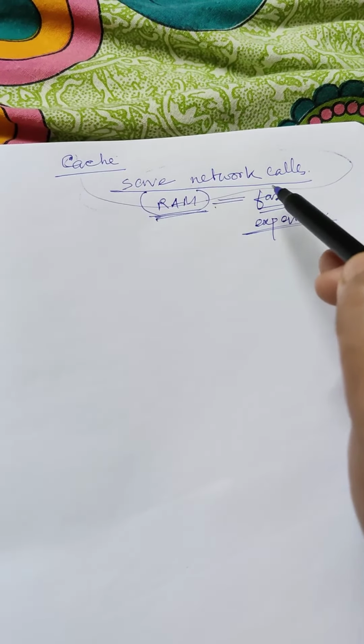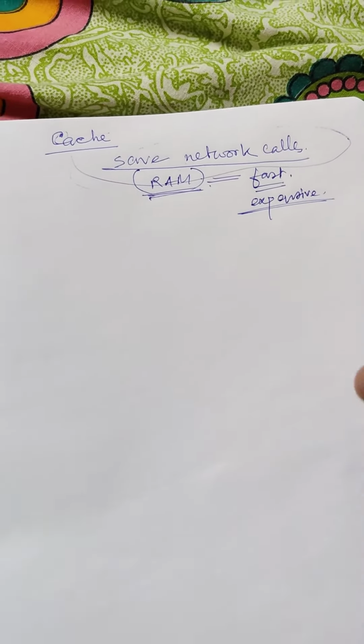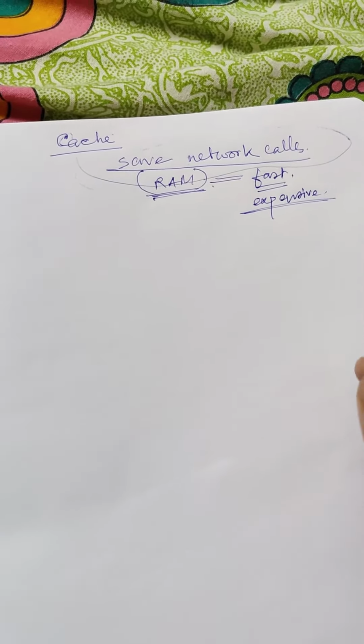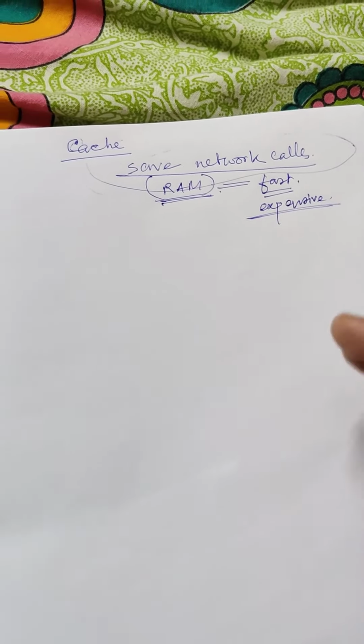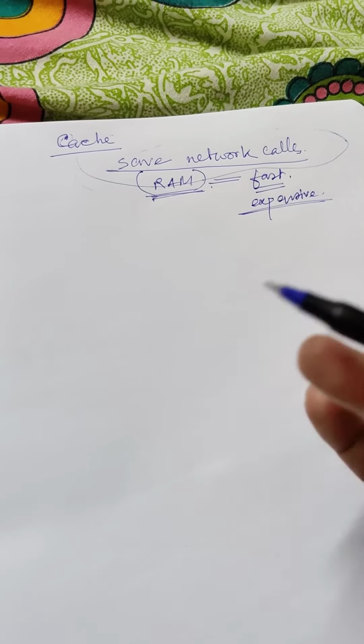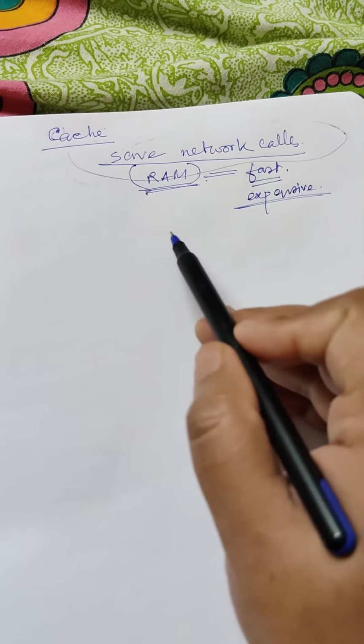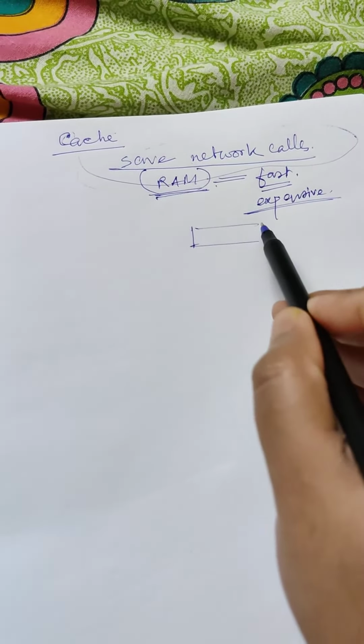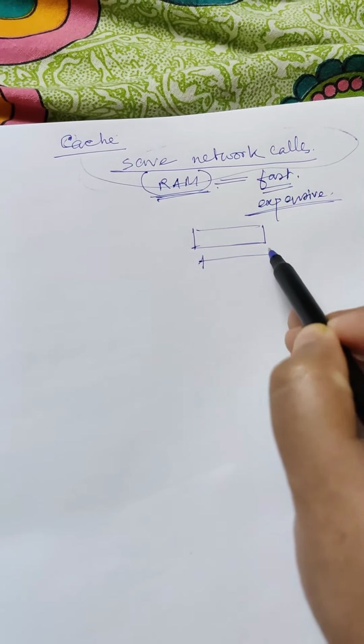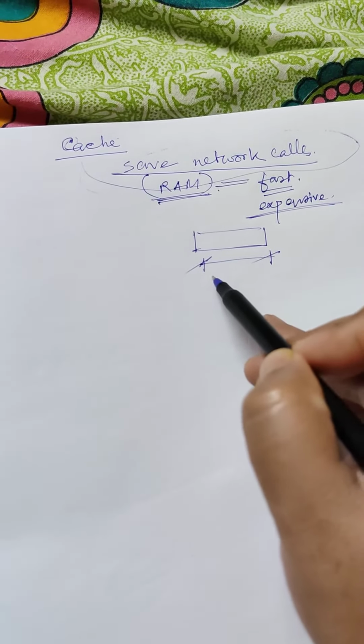So as it's very fast and very expensive in nature, although we will use it to reduce network calls and improve latency, at the same time we need a mechanism so that we do not maintain a large amount of data in cache.